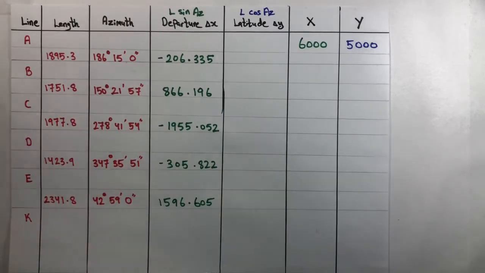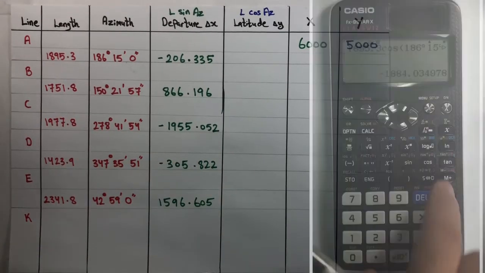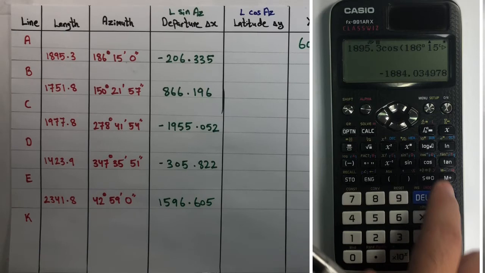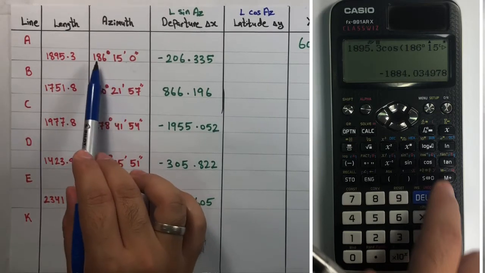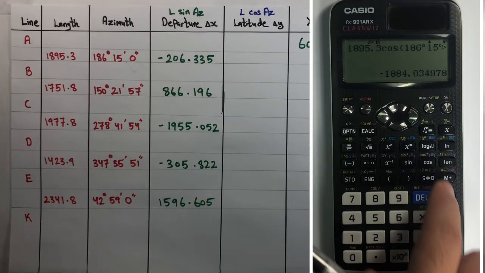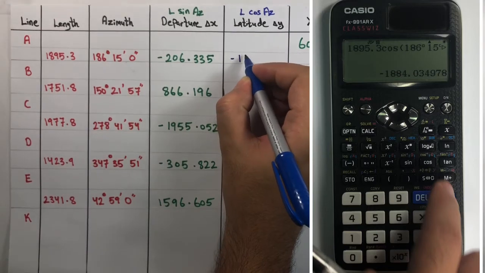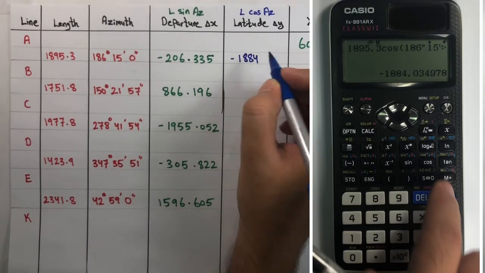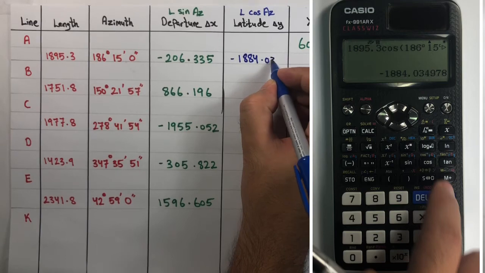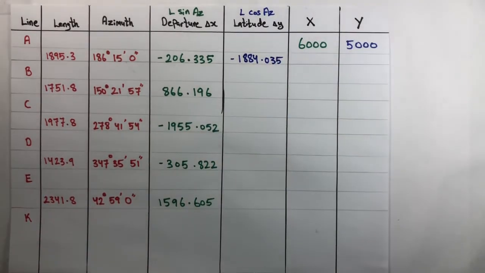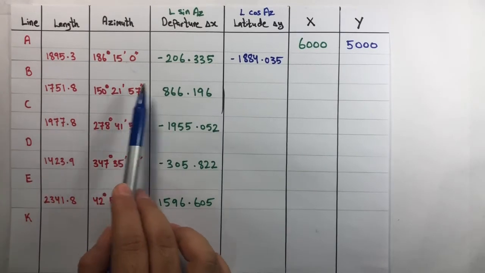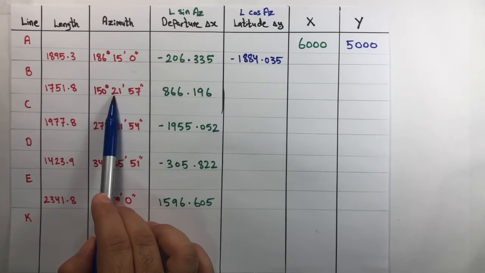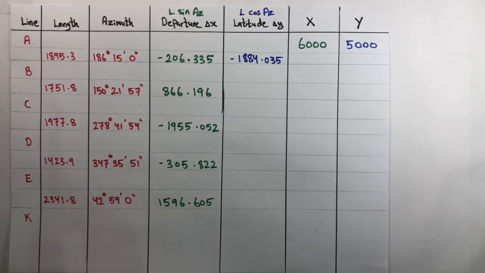Instead of sine, we'll just replace it with a cosine. So we have 1895.3 cosine 186 degrees 15 minutes and 0 seconds. We'll get a negative 1884.035. Next 1751.8 cosine 150 degrees 21 minutes 57 seconds.